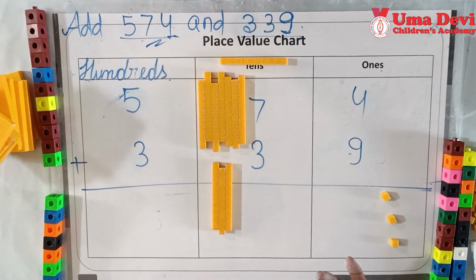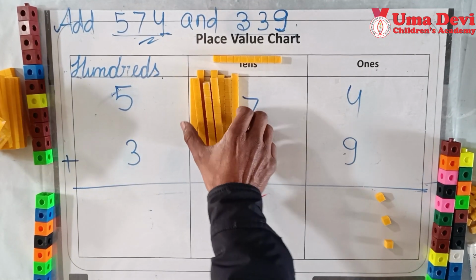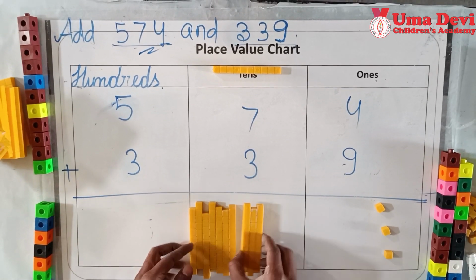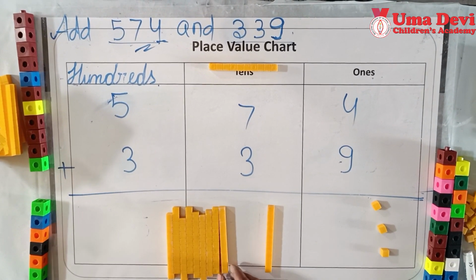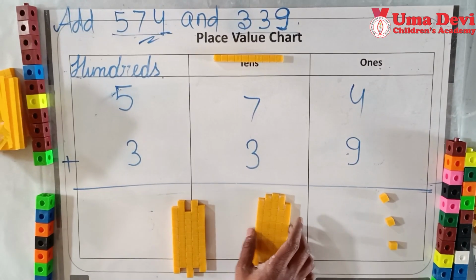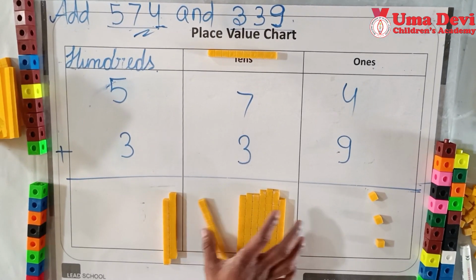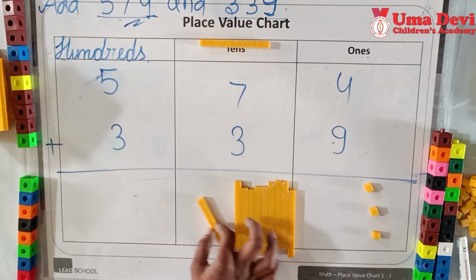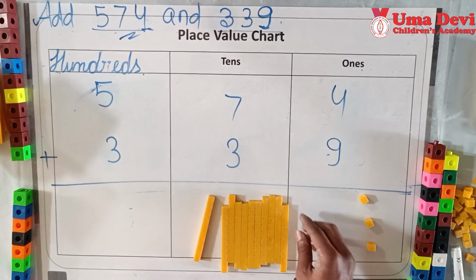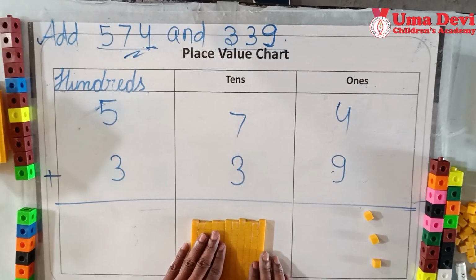As we all know that we are adding these numbers, addition means put things together. I have put all these blocks together. Now count it. 1, 2, 3, 4, 5, 6, 7, 8, 9, 10. This is 10 and this is 1 also, and now 11. So 11 tens.